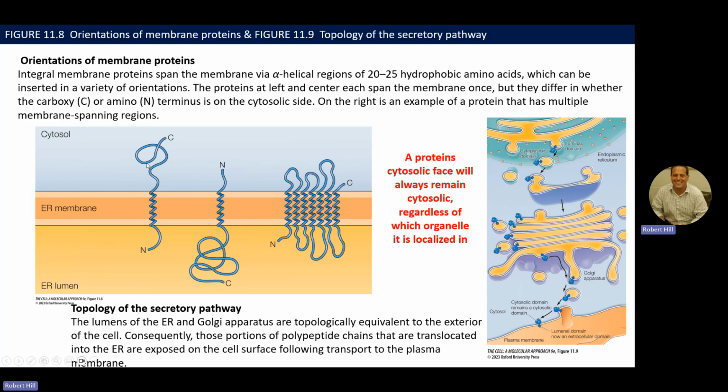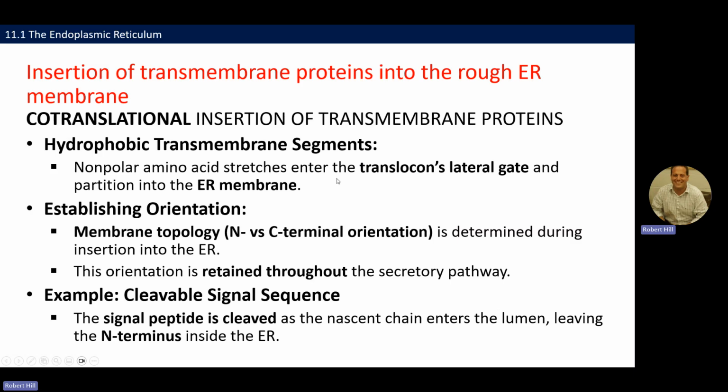All right, so you can see these membrane proteins can exist with the N-terminus on the inside or the N-terminus in the cytosol. You can also have transmembrane proteins that have multiple transmembrane domains. All right, so how are these produced? Through co-translational targeting. Well, it all has to do with having these hydrophobic stretches within the protein.